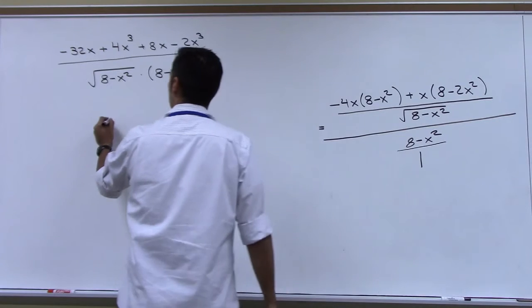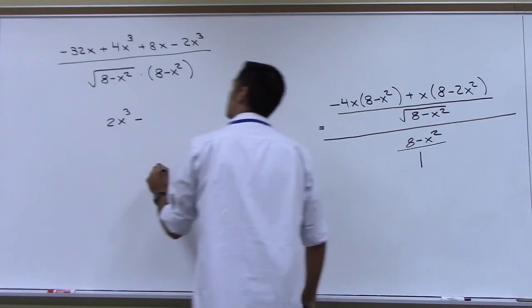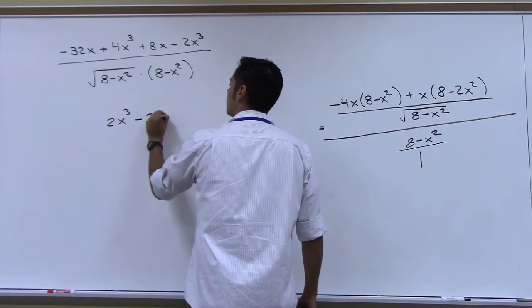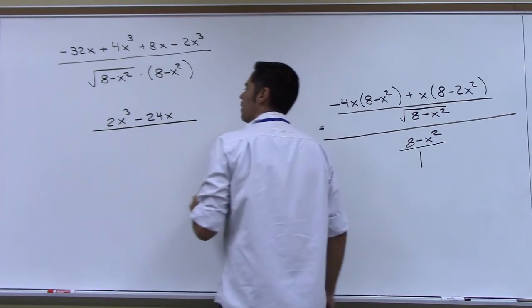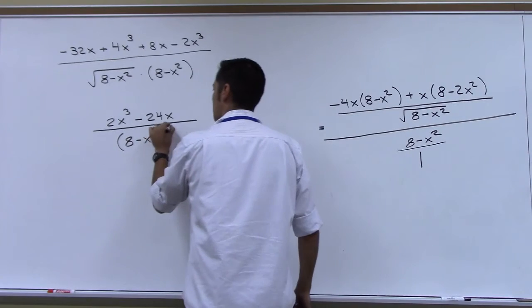We're going to have a 2x cubed minus 24x, all over 8 minus x squared to the 3/2.